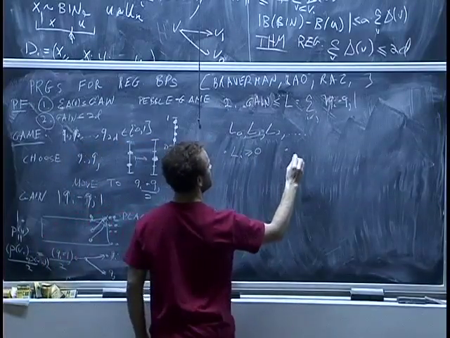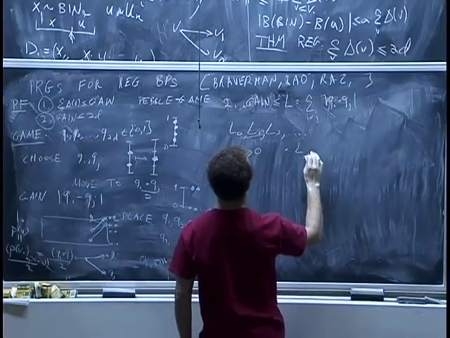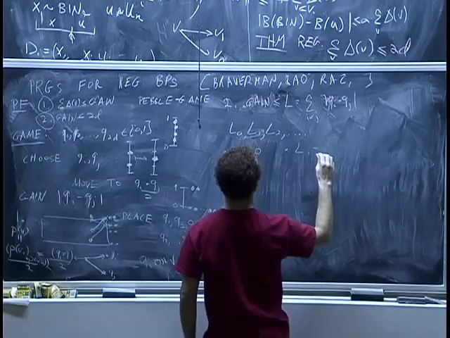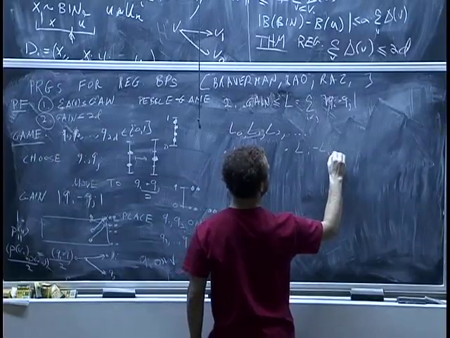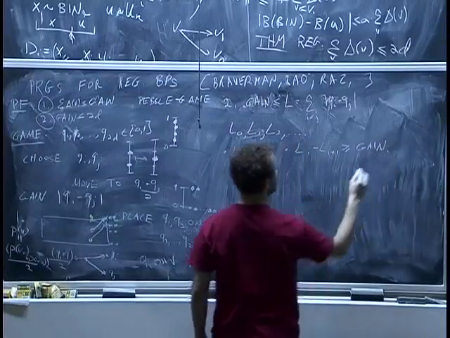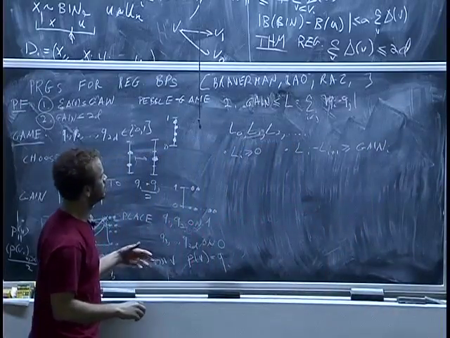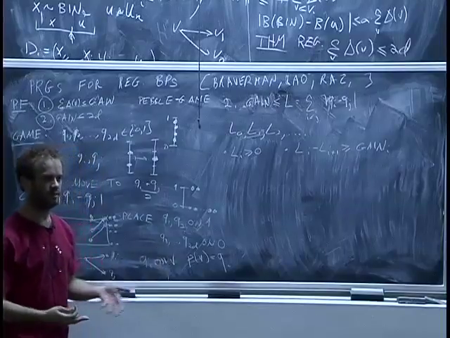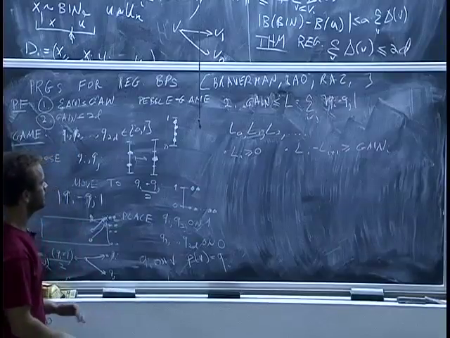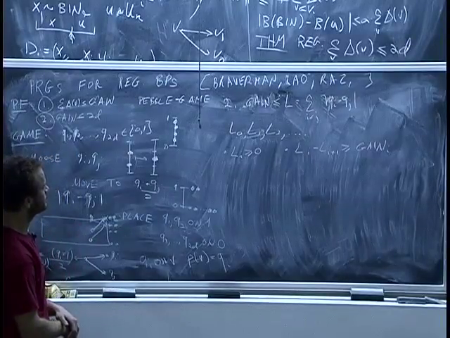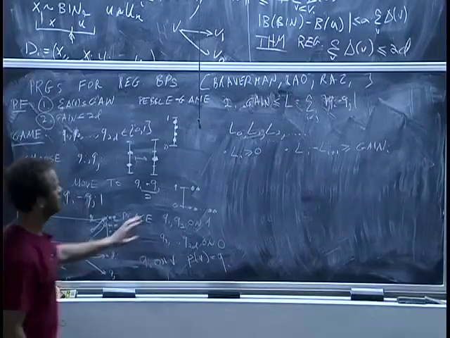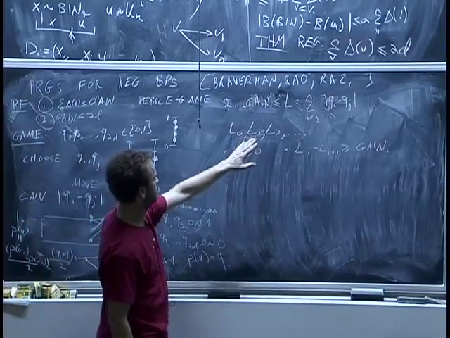And the second property is that in the i-th step of the game, this quantity decreases by at least the gain. So you just have to show one step where you combine Qi and Qj. Yes, this is just by definition.